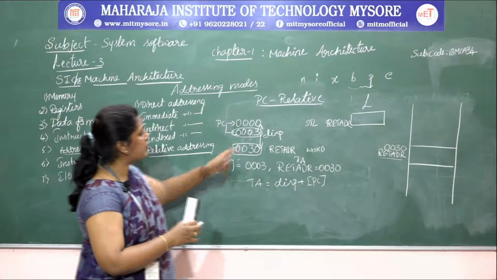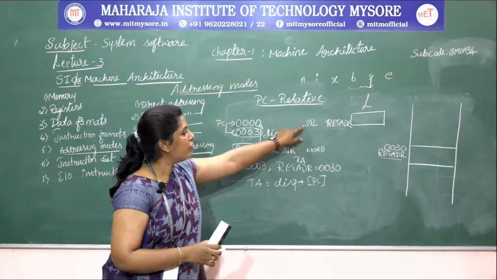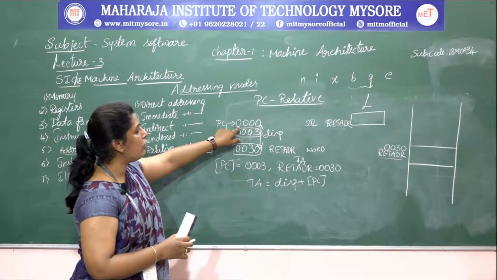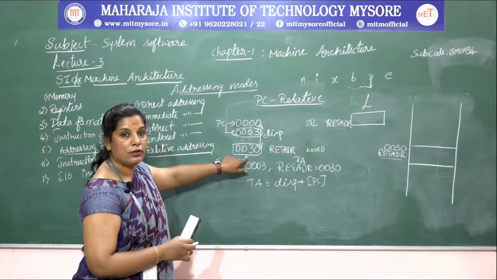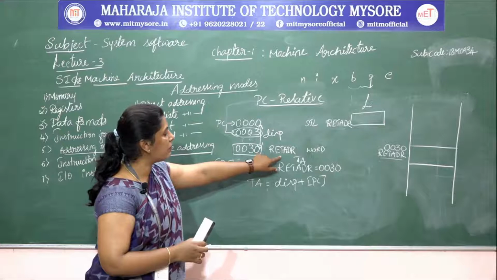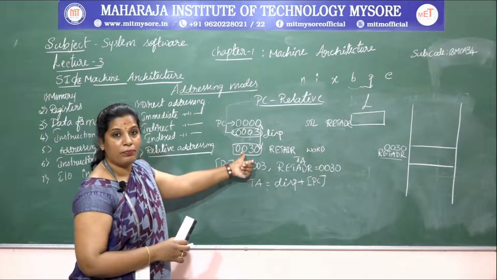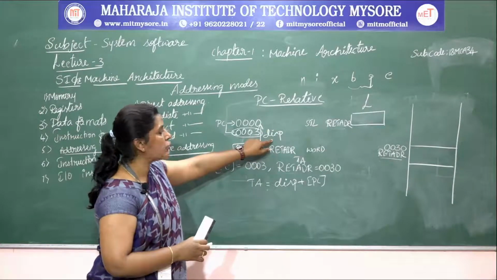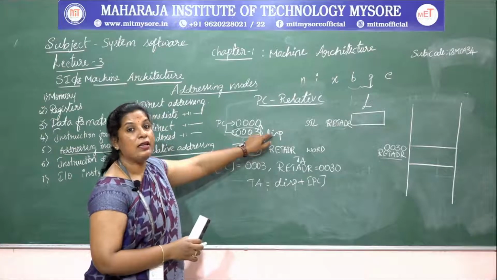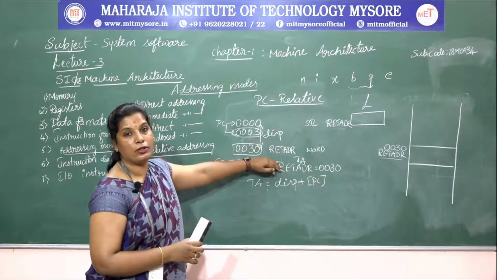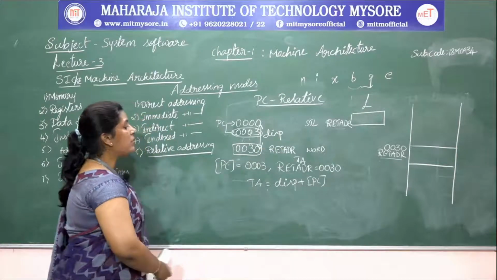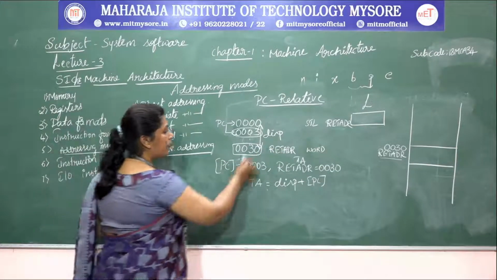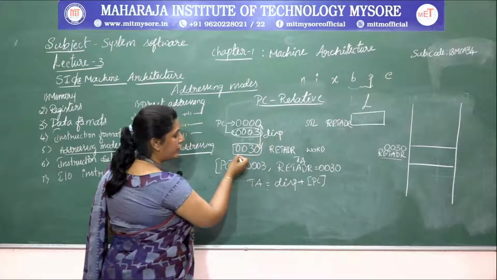This is the instruction to be executed, at the memory location 0000. To which memory location is it going to refer? The memory variable at the memory location 0030. To get this value, it has to get the displacement value, meaning it has to know where the instruction or memory variable is in that particular program. So it has to find out the displacement value. We know the target address.